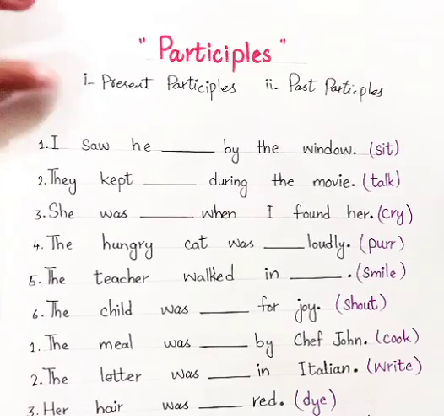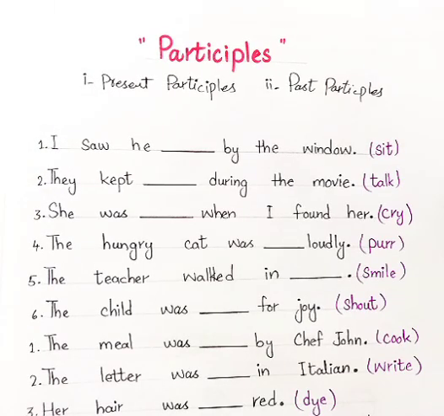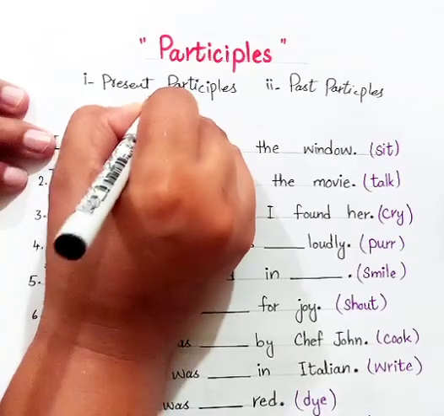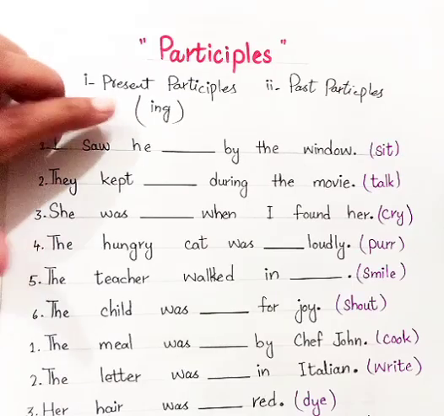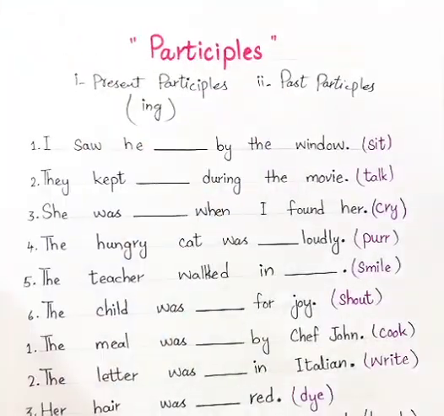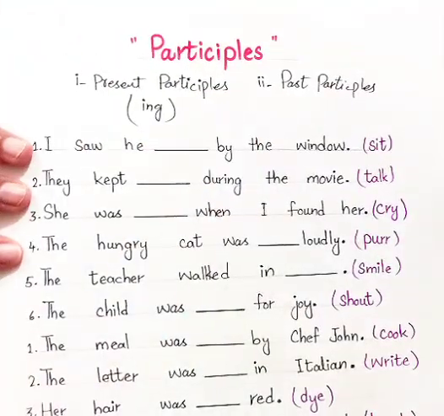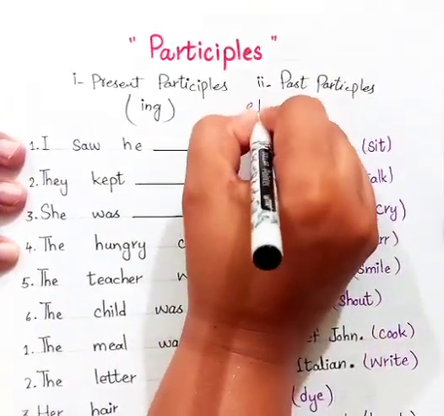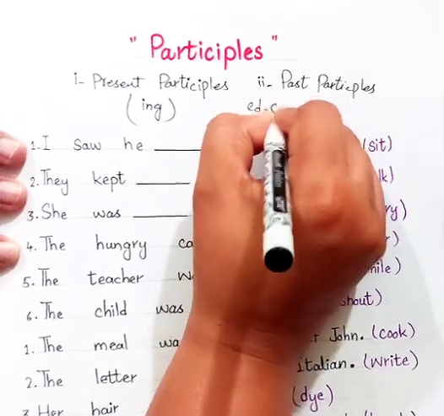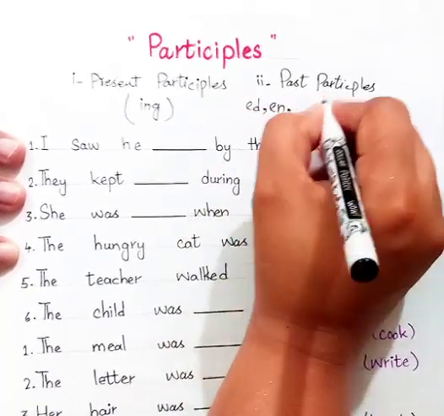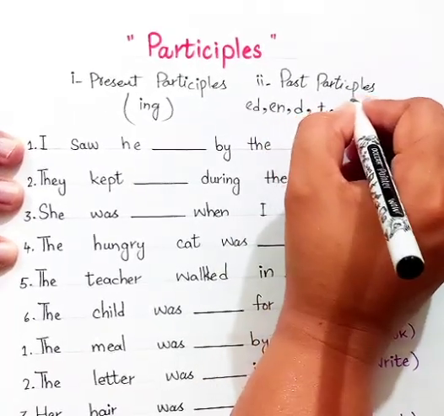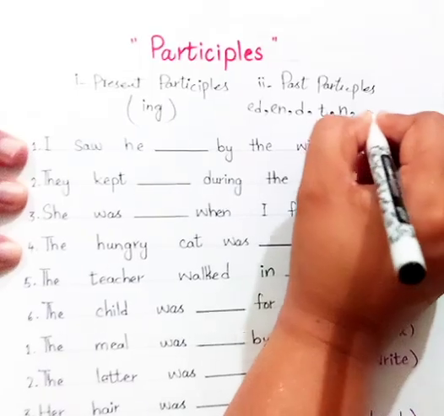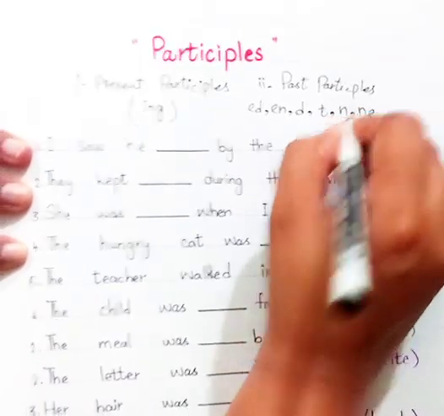Now, present participles end in -ing, and past participles end in -ed, -en, -d, -t, -n, -r, -n, -e.